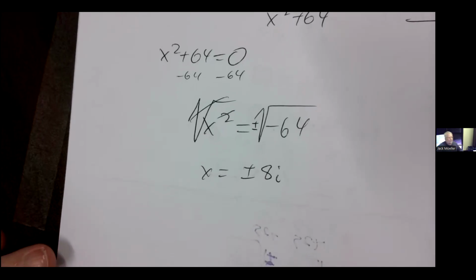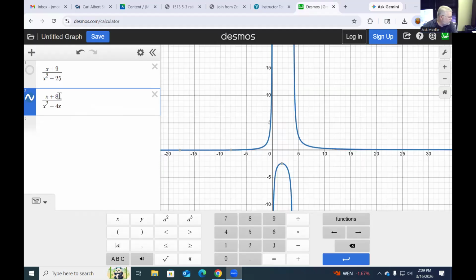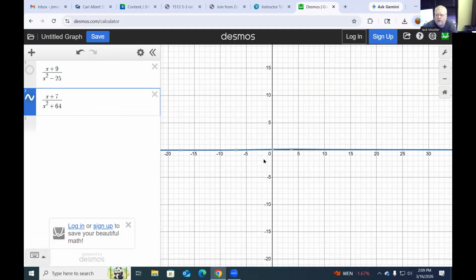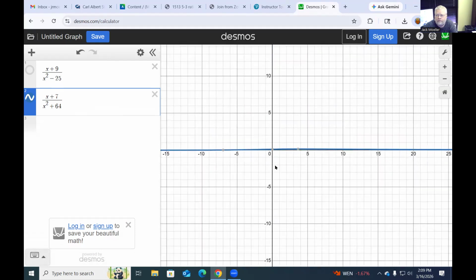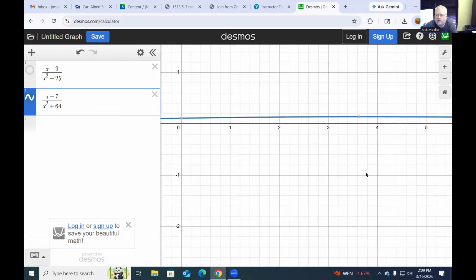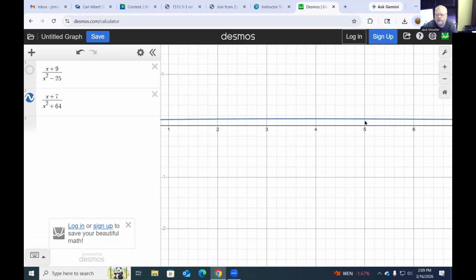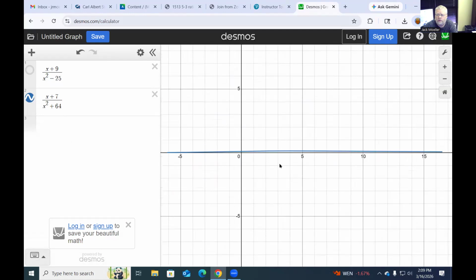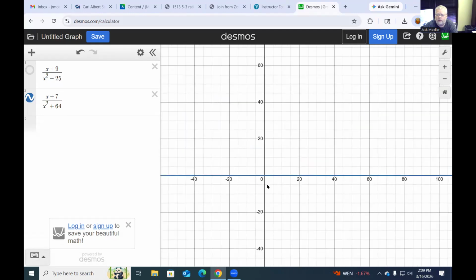While you're pondering that, I'm going to put this in Desmos. Again, I really like the visual aspects of this topic. Wow, where I'm zooming now it looks like a flat line. If I zoom in really close, you can see it's got a bit of a hump to it, but you zoom out, it almost looks like a flat line.